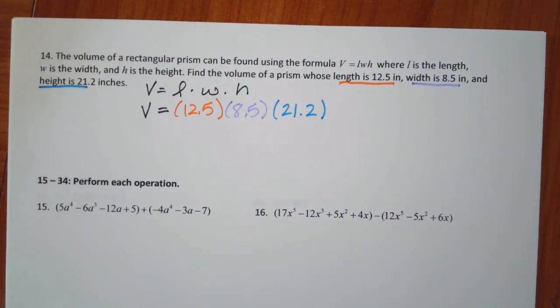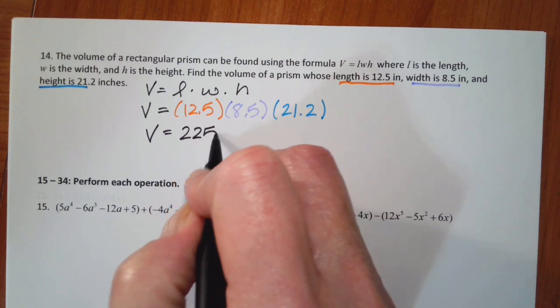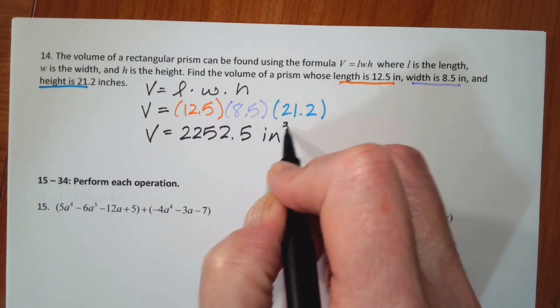So 12.5 times 8.5 times 21.2, and it tells me that the volume is 2252.5, and that's in inches, and volume is cubic.